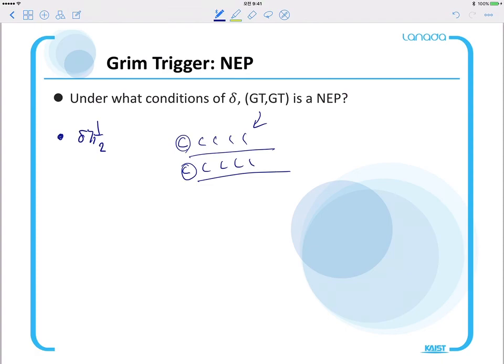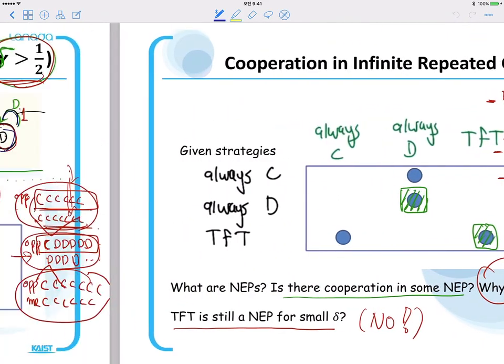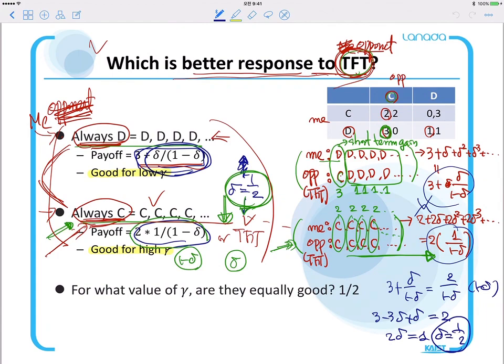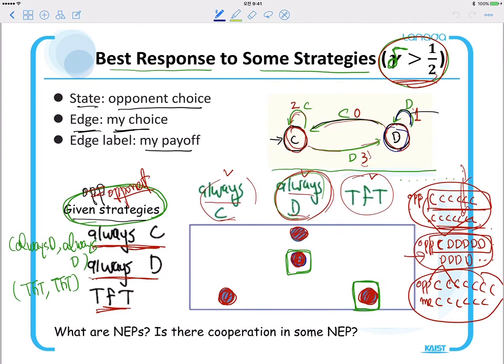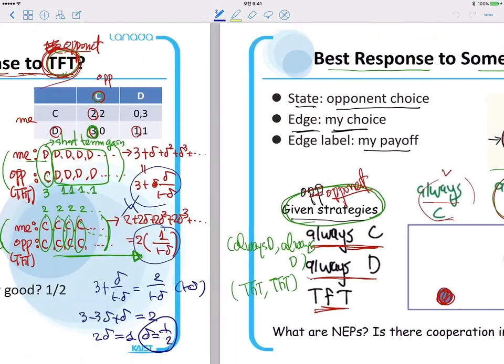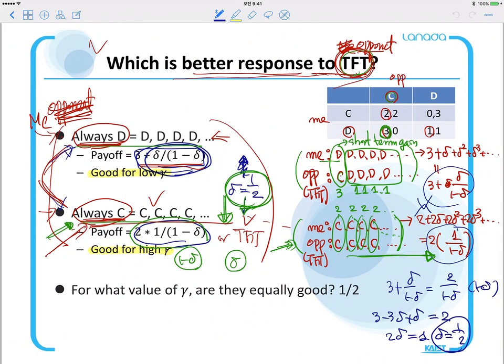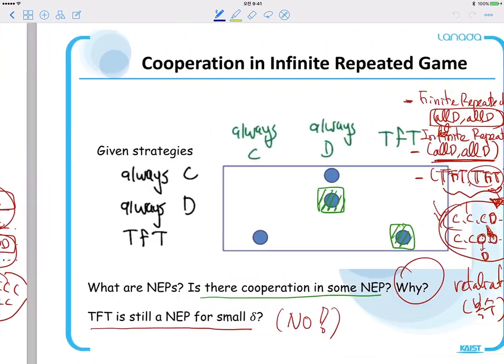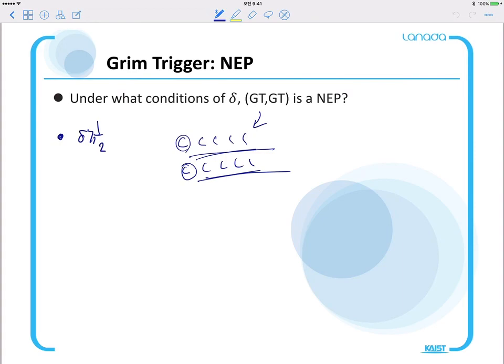So in that case, they will compare the payoff of always playing D and always playing C. Grim trigger is only different from T4T when the other guy defects, right? But the payoff of always playing D and always playing C would be the same. That's why we can have the result that if delta is greater than or equal to 1/2, then GT is a Nash equilibrium.